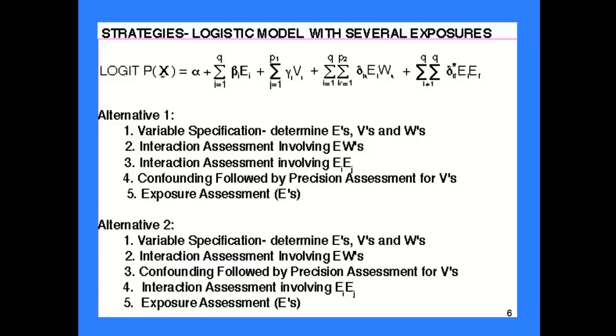Variable specification. Okay. The second step says interaction assessment involving the EWs. That's in this one. What about this second step? The second step in each of these two strategies is the same. That reflects what I originally was saying, that you shouldn't try to look at interaction about the EEs until you dealt with interaction about the EWs.